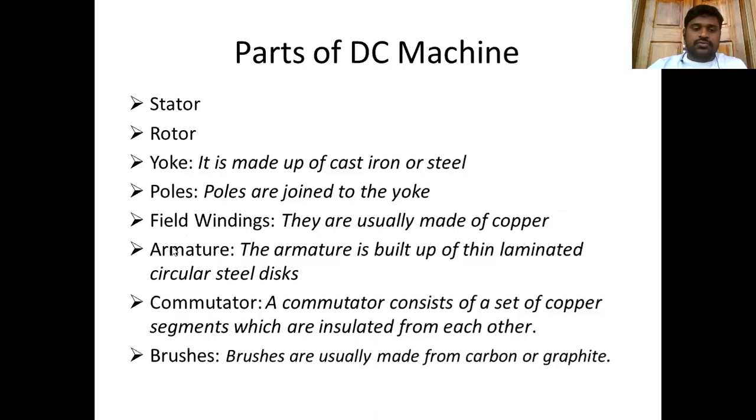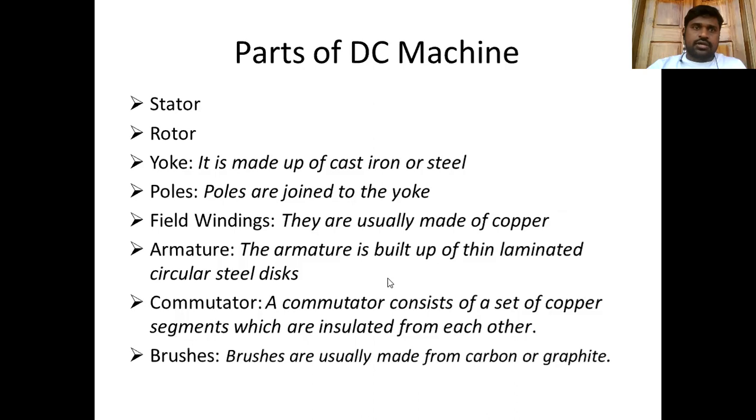And next we have the armature. Armature is made of thin laminated circular discs, and all these discs are stamped together because it will reduce the eddy current losses. That's why I use laminated discs. And next, commutator. The commutator is connected to the armature.